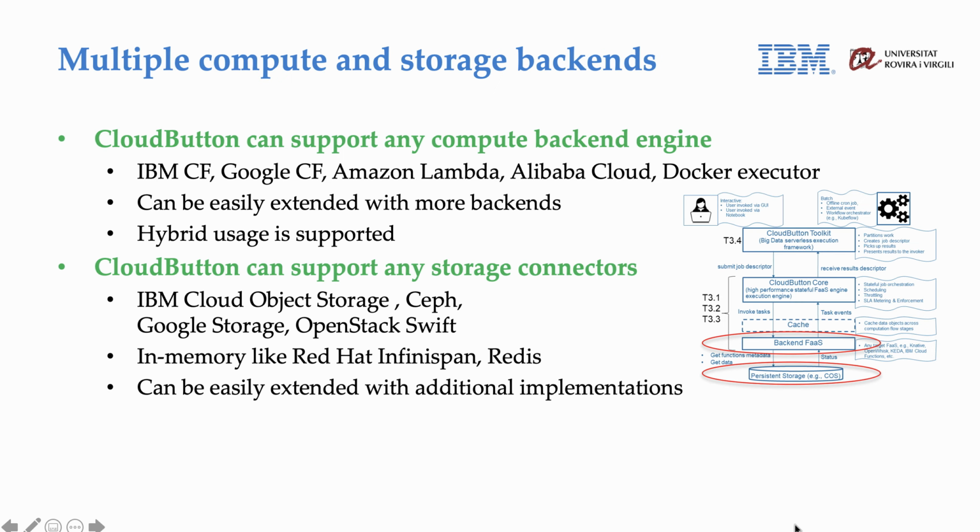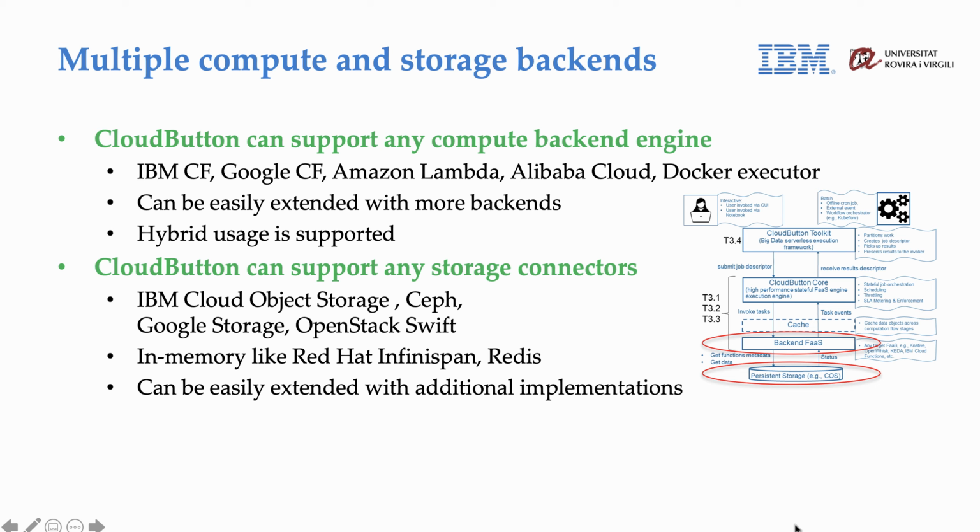And so first of all, we implemented all kinds of compute engines and storage connectors. We are not limited. We can further implement many more. Currently, Cloud Button supports IBM Cloud Functions, Google Cloud Functions, Amazon Lambda, and we can easily extend it with more clouds.